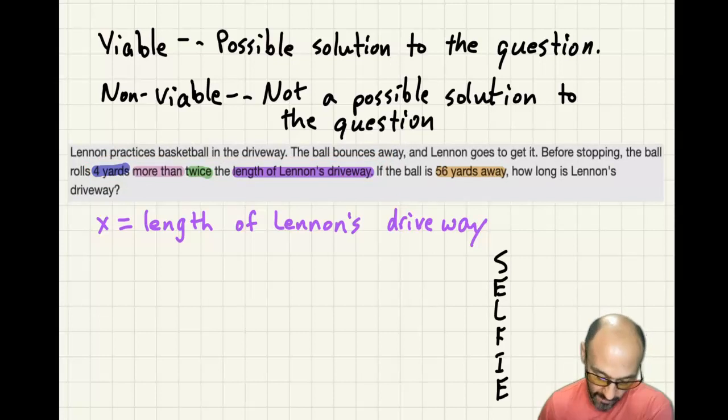So 4 yards more means we're going to add 4 to something. And what we're adding it to is twice the length of Lennon's driveway.